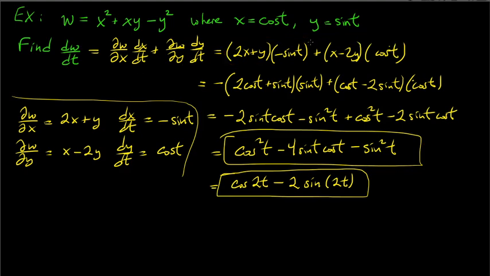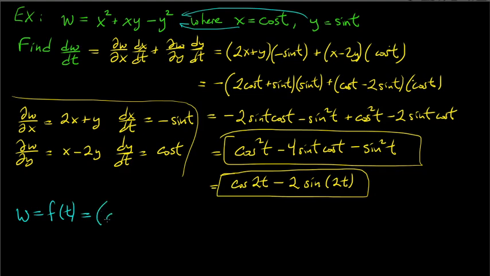Yeah, so that's using the chain rule. In this example, of course, we didn't need to use the chain rule, right? What we could have done is just write w as a function of t by itself. And we do that by just substituting x and y in the original expression for w, right? So if we do that, we get what?